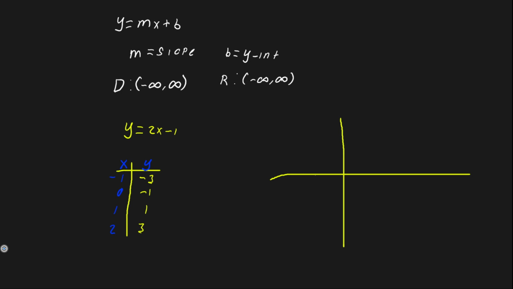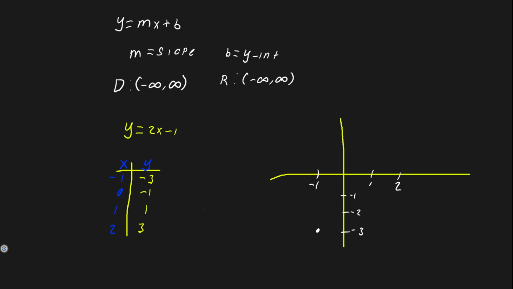Now we're going to plot the points. We see that when x is equal to -1, y is -3.